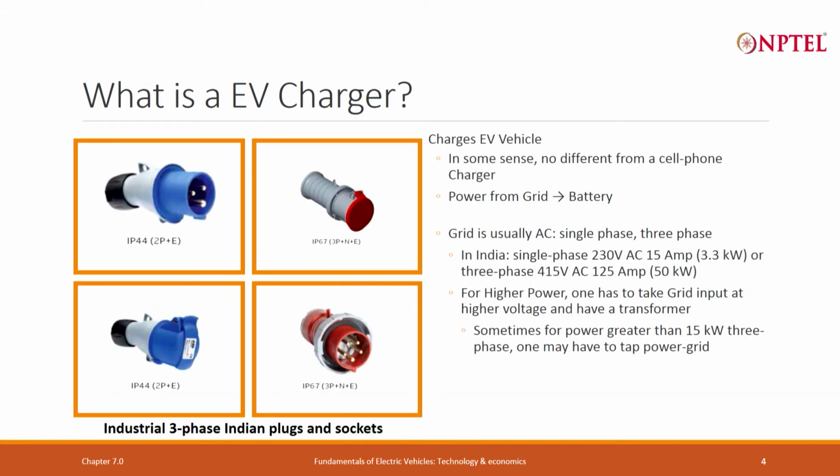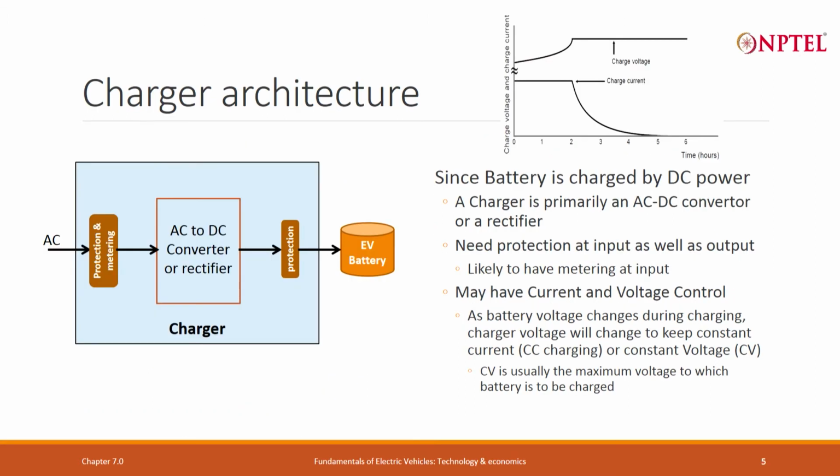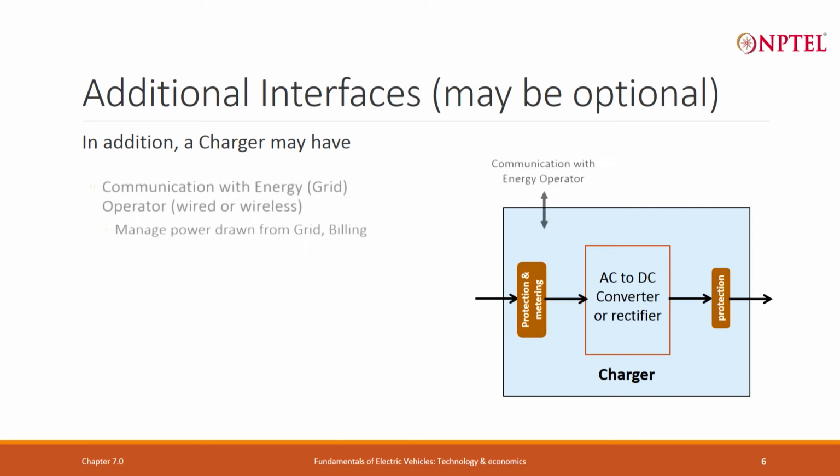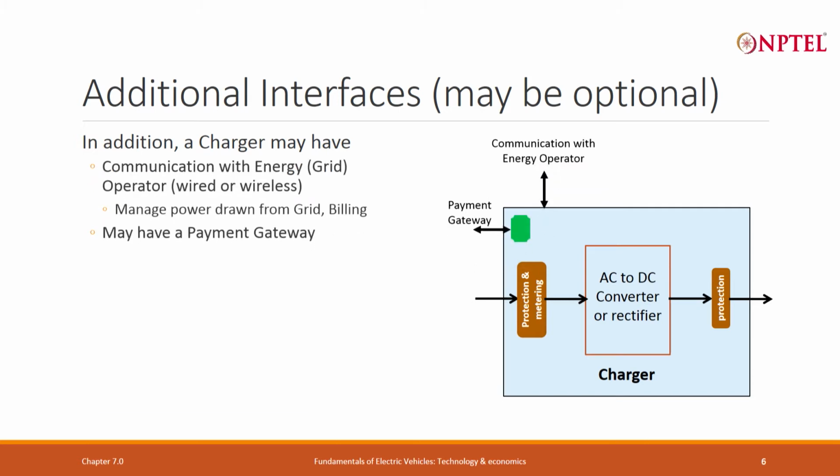I talked about what an EV charger is, essentially an AC to DC converter. It has some metering and protection at the input, it has some protection at the output. Basically it is an AC to DC converter, the battery is directly DC. We also went into that besides all this, we need to worry about a payment gateway in the charger, because you will have to pay for charging.